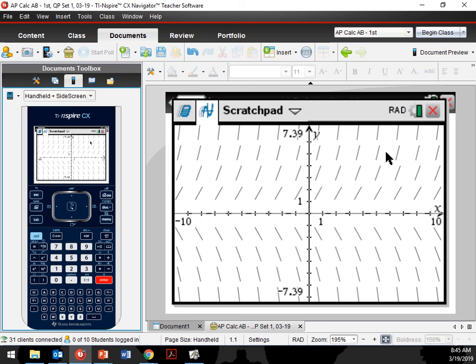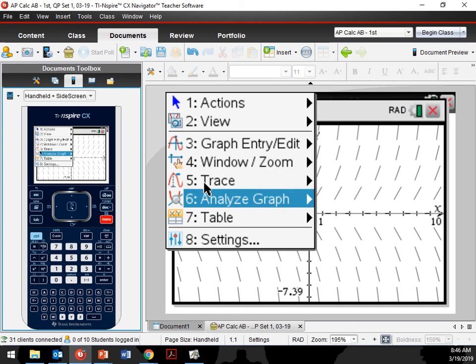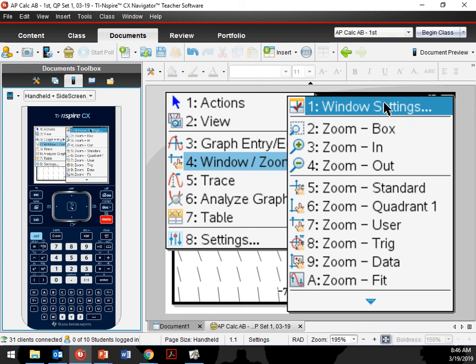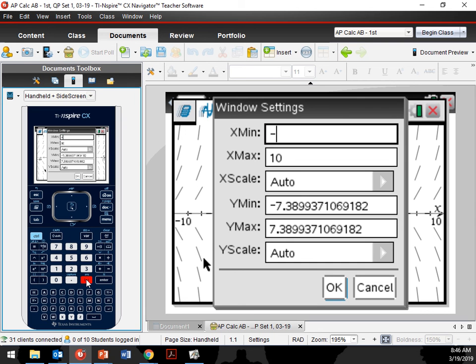Okay, so different slopes. If you notice going left to right, they're all the same. And so now, let's try a particular solution for this one. All right, let's change my window real quick. Window, -3, 3, -3, 3.